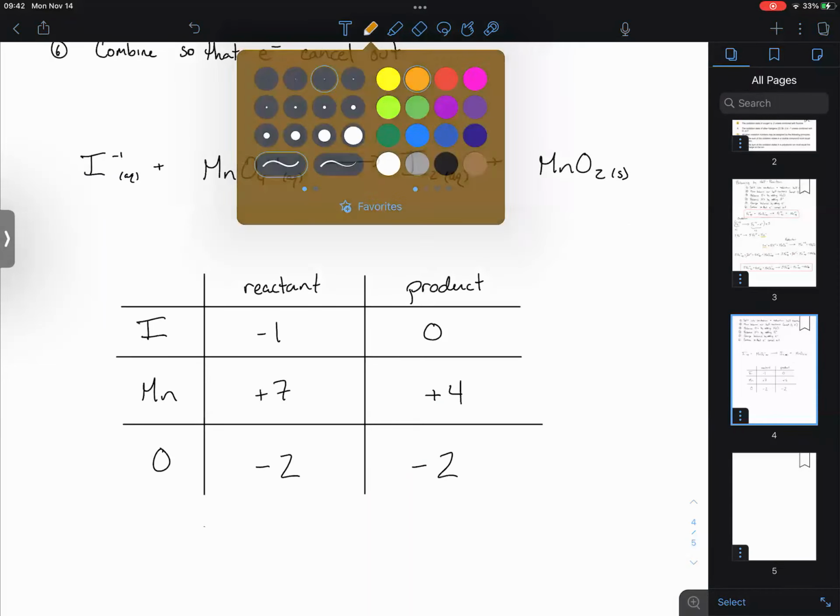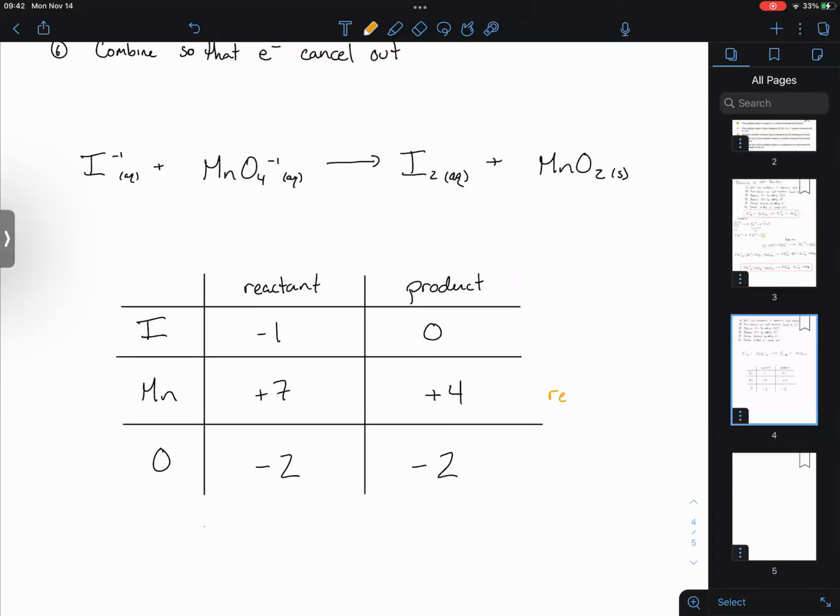All right, we can see that it's our manganese being reduced because it's going down in its oxidation number. And that iodine is being oxidized because it's going up in its oxidation number, right? So it's losing that electron.